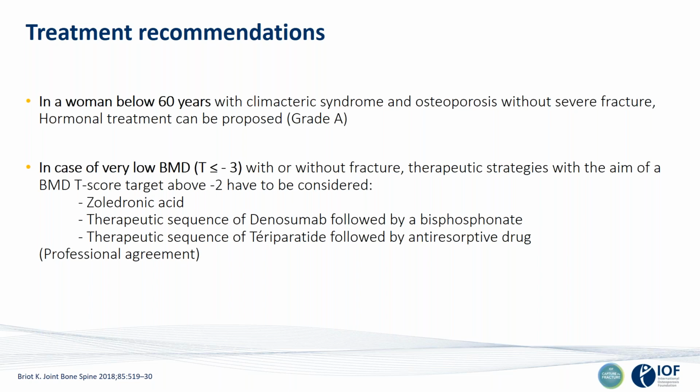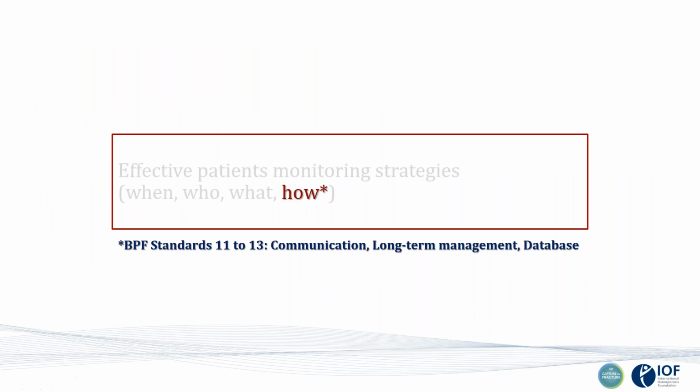And when I speak about sequential treatment, it could be either teriparatide followed by an anti-resorptive drug, or denosumab. You know that denosumab will increase the BMD of the patient as long as you treat the patient. And then if you decide to stop the treatment because you're at the target, then you'll have to switch to a bisphosphonate to stabilize the bone gain you had under denosumab.